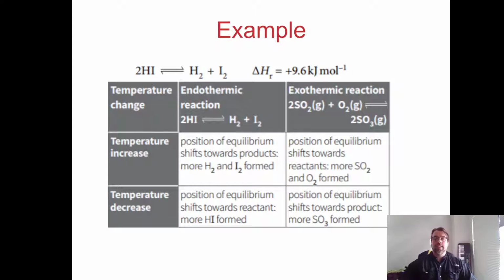Whereas if you have an exothermic reaction, for instance, SO2 plus O2, and we increase the temperature, it's going to shift towards the left, or towards the reactants. So we'll end up getting more SO2 and O2 formed.